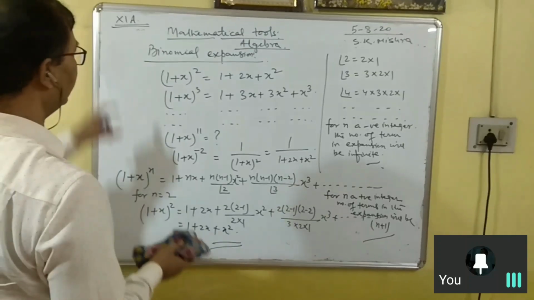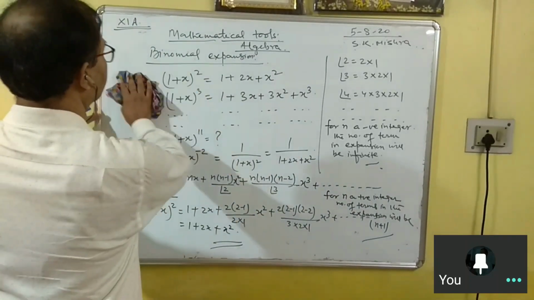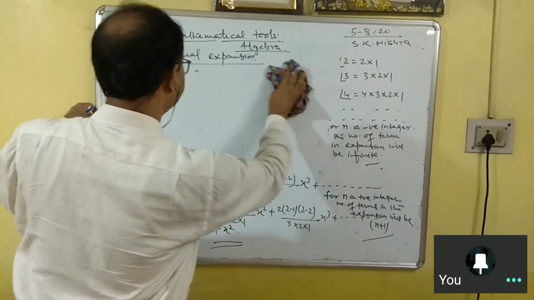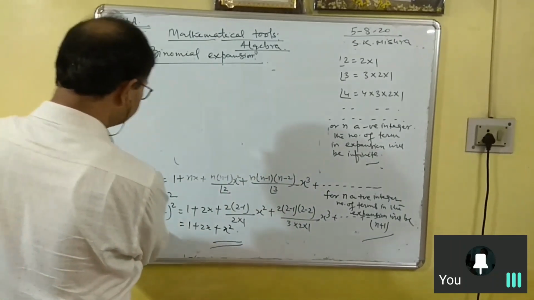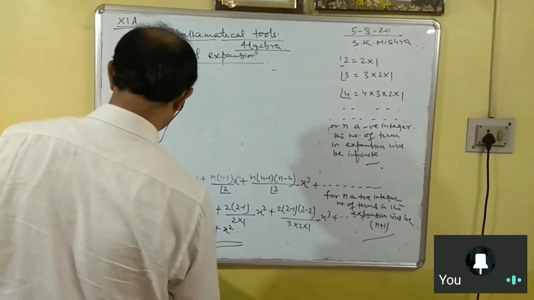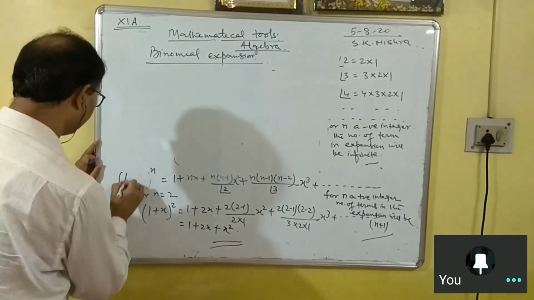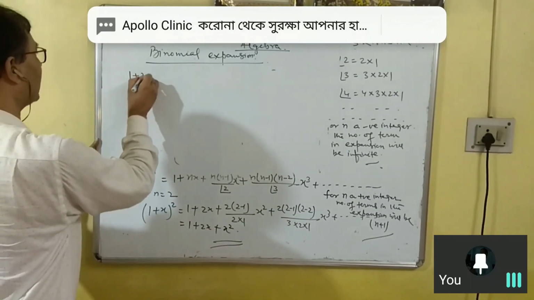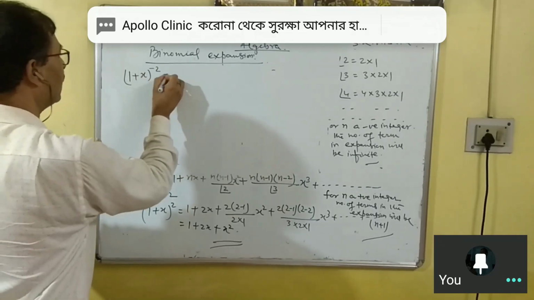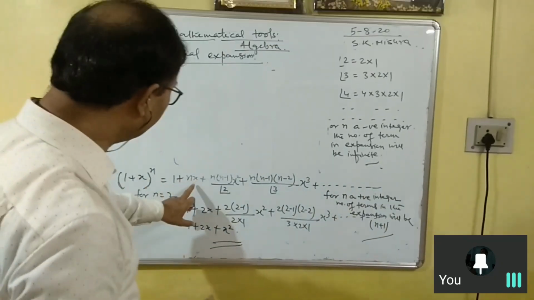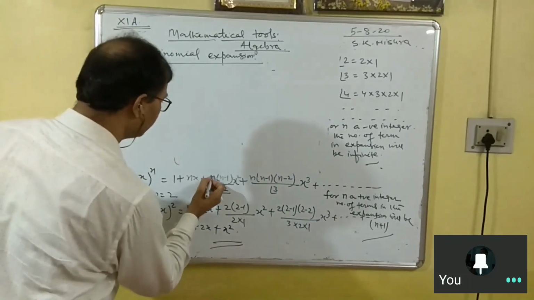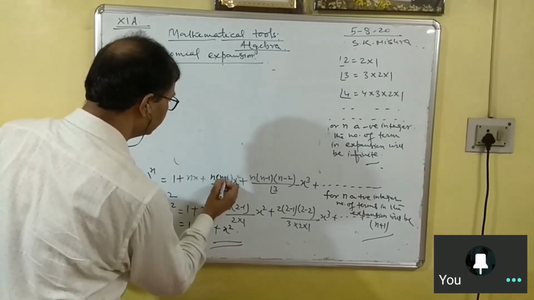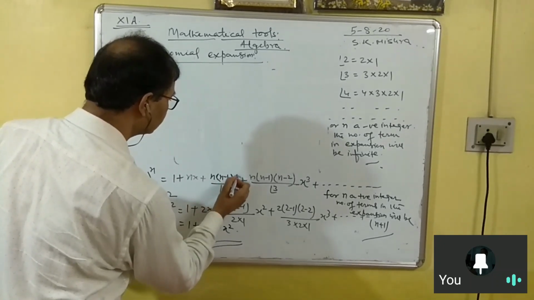Now I can rub this portion. Now I am asking, the formula itself is 1 plus x raised to n. My question is 1 plus x raised to minus 2. How will you expand? You have to put everywhere n equal to minus 2. Wherever n is there, you replace it by minus 2.